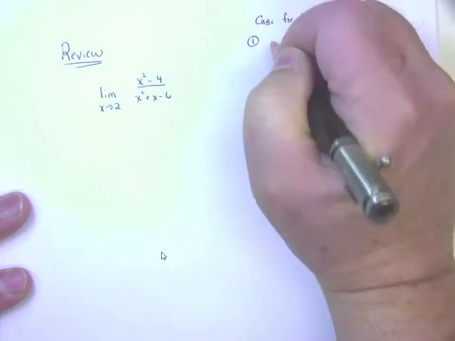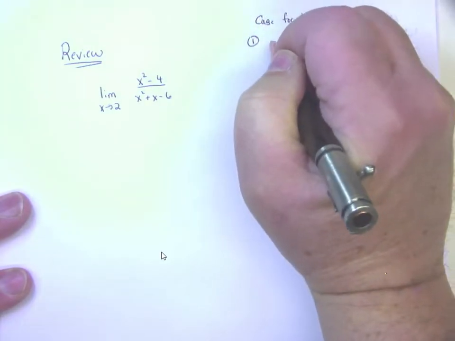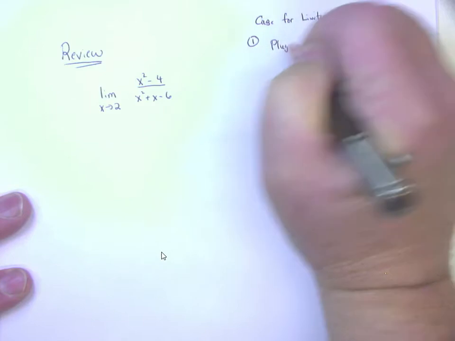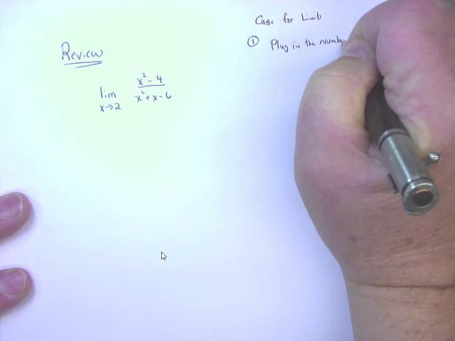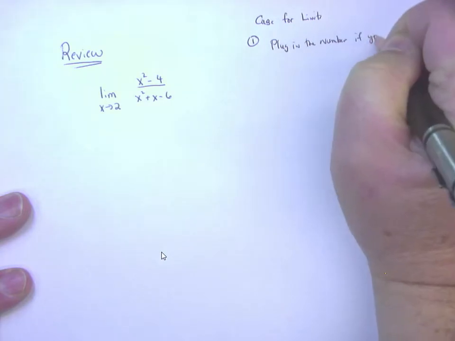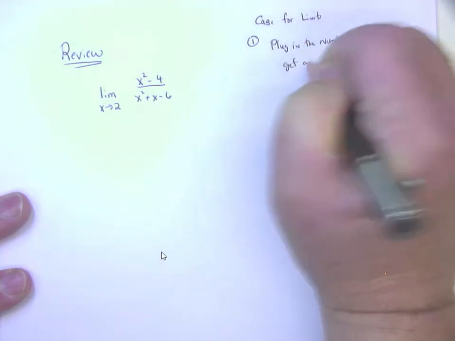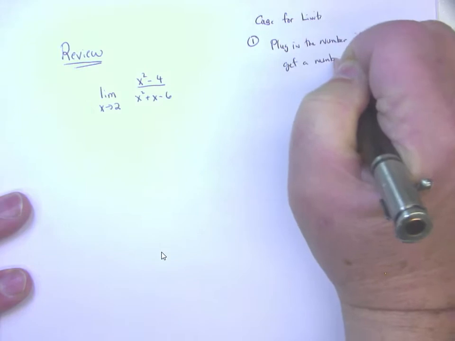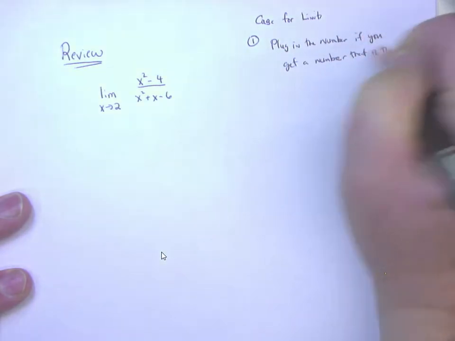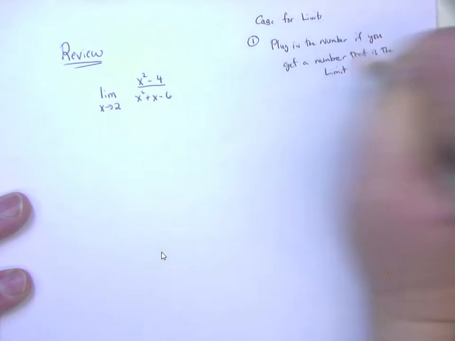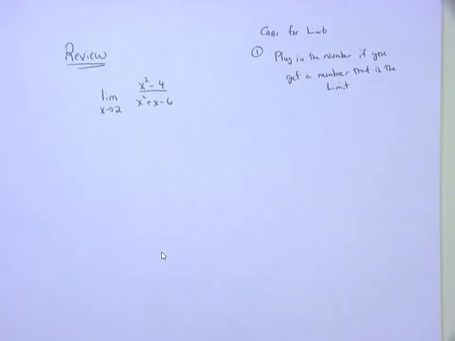Case number 1. When you take a limit, you plug in the number. If you get a number, that is the limit. Basically, first rule of limits, plug in a number.